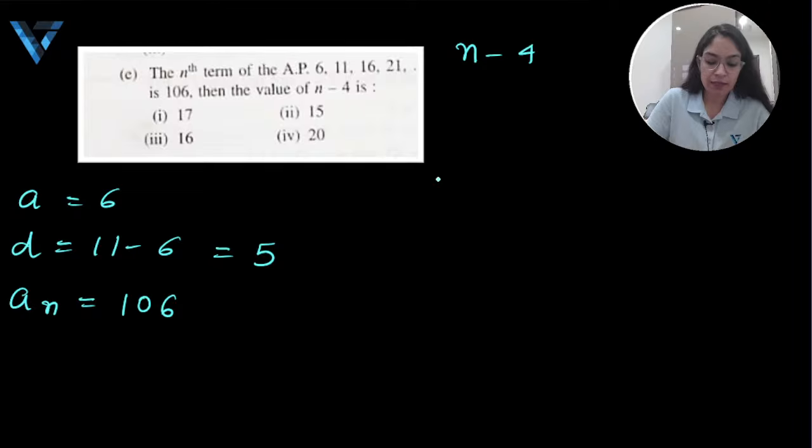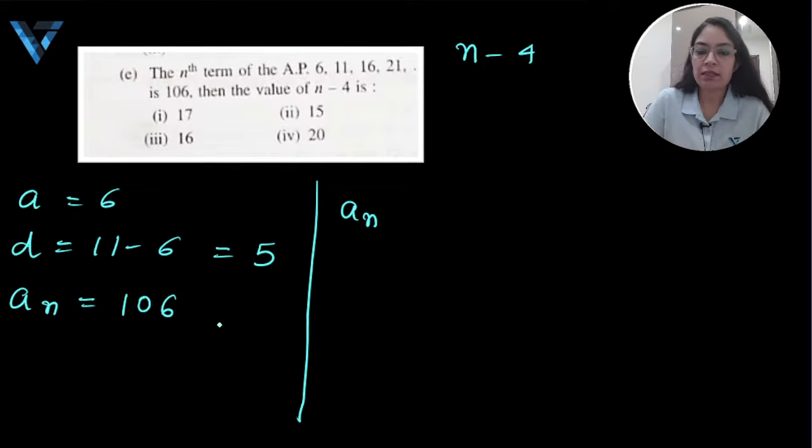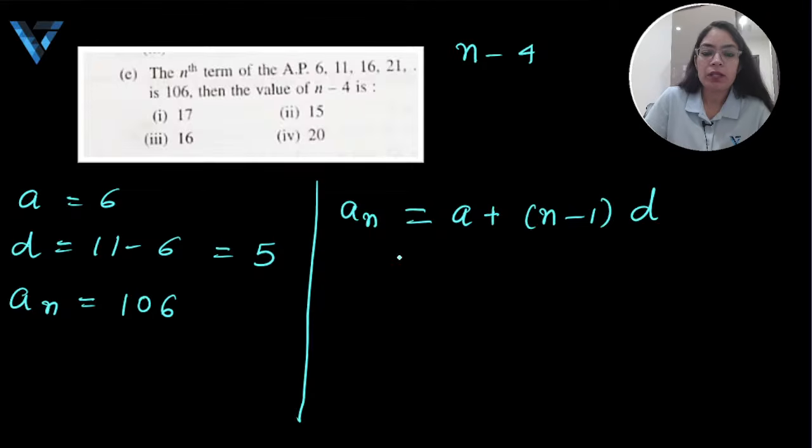So that means we can find n's value now. Since AN is given to us, we can make use of AN's formula. AN is equal to A plus n minus 1 into D. So AN is equal to 106.